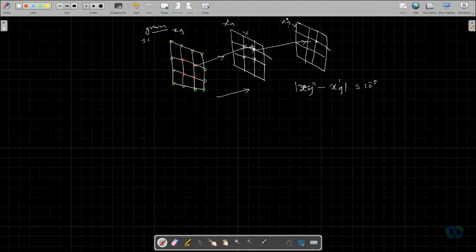In that case, we are taking this guess value. Then we are calculating some proper values at this location. These xg prime values will be those values for which the residual will fall. It doesn't mean that for all these points the residual is 0. It doesn't mean that this also has a residual of 0.